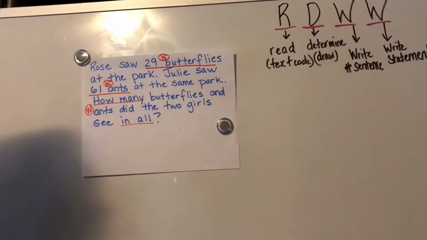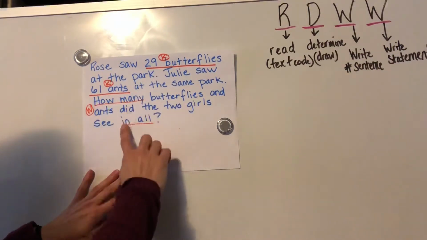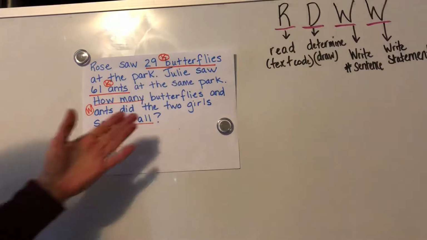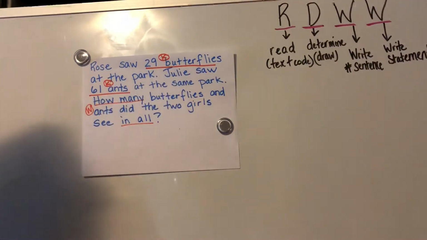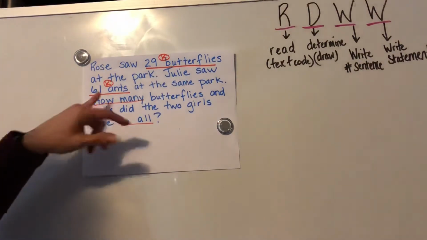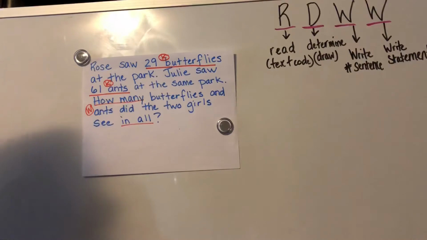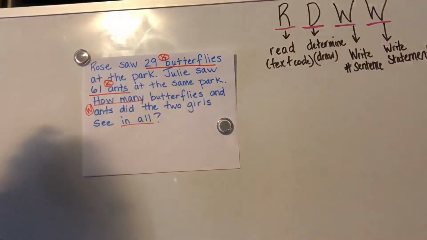Because the wording says how many in all, which is asking me to put together the butterflies and ants. That means they're asking me to group it, to find out how many there are in both groups and put them together. And whenever you combine or group things, you're adding. So I'm going to determine that I need to add to solve this problem.